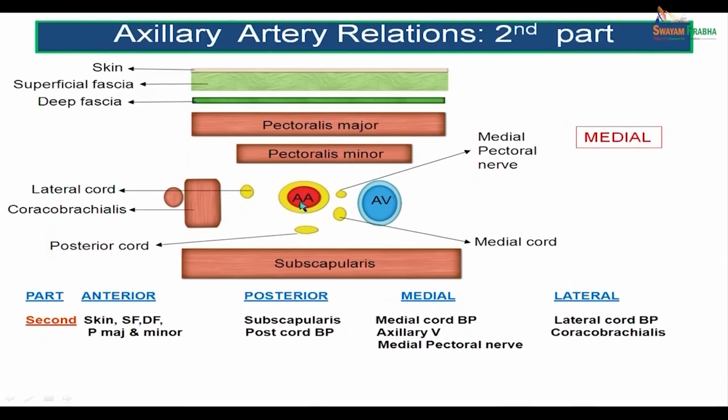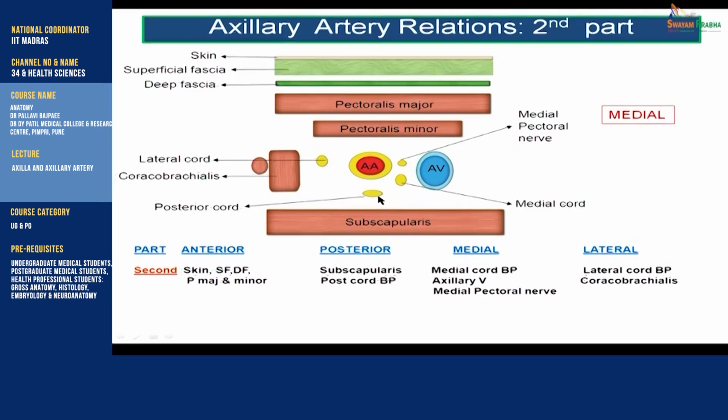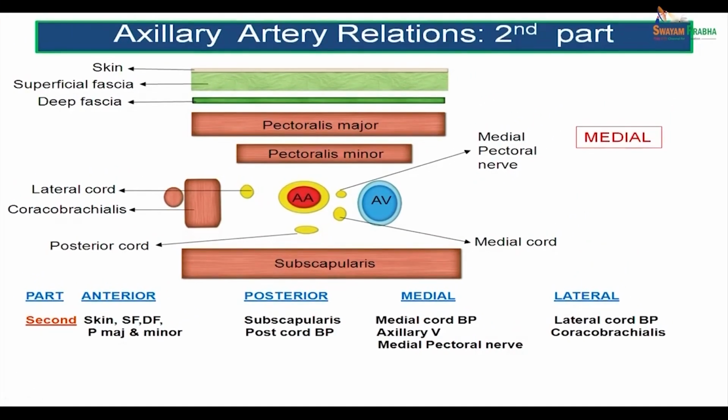The anterior relations are skin, superficial fascia, deep fascia and the muscle pectoralis major and pectoralis minor. Then we come to posterior relations. Posteriorly, we have the muscle subscapularis and the posterior cord of brachial plexus.